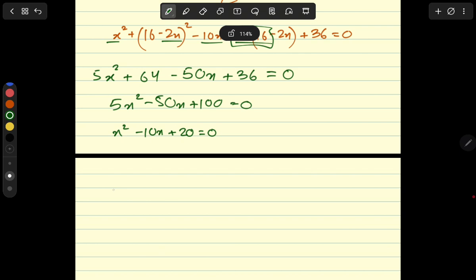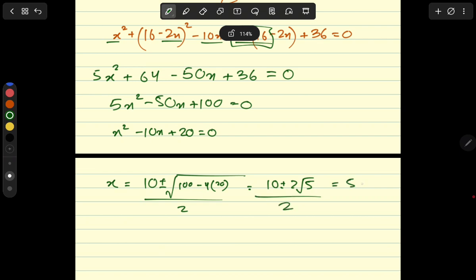So we will apply the quadratic formula here because we can't factorise it otherwise. So x equals minus b plus or minus the root of b squared minus 4ac, upon 2a. So this is 10 plus and minus 2 root 5, because the root of 20 can be written as 2 root 5, over 2. So this can be written as 5 plus and minus root 5.